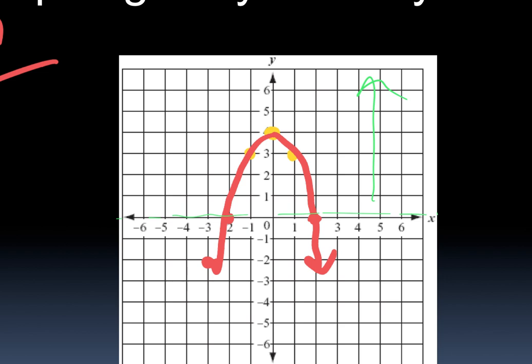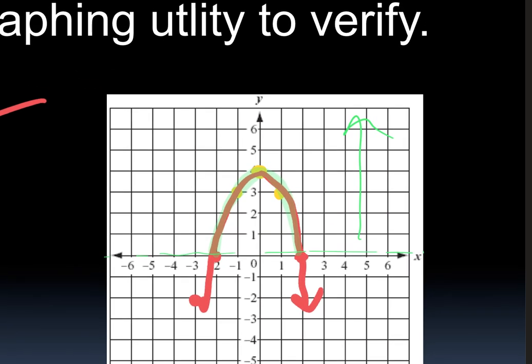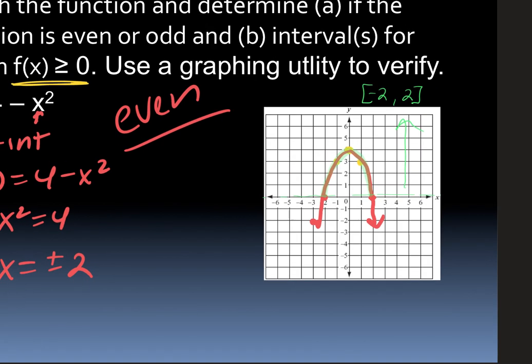So the interval on this graph that is greater than or equal to 0 is that whole top scoop. Where does that start? -2. Where does it end? +2. And it said greater than or equal to 0, so it gets the brackets. If it had said greater than 0, it would be parentheses.